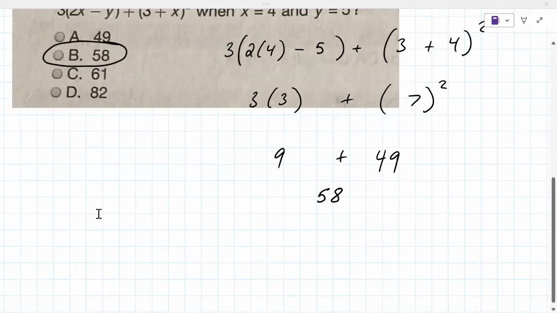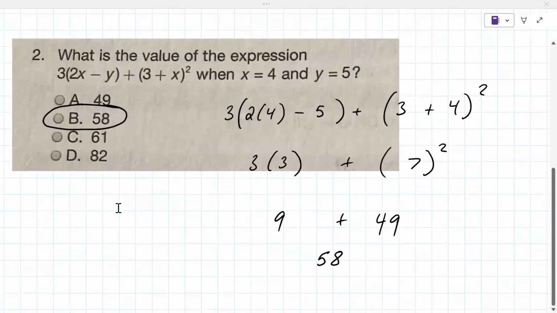I forgot how to add. Hold on. Okay, that's what I was doing wrong. I was treating it like it was multiplication. Okay, I got 58 this time. I was going crossways with the 9 and the 4 instead of just adding them.